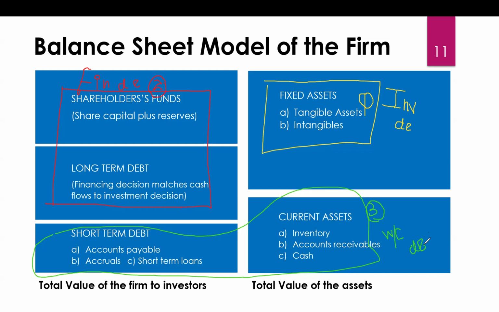Okay, and then the final one is the dividend decision. When an organization has earned profits, there are two things it can do, right?